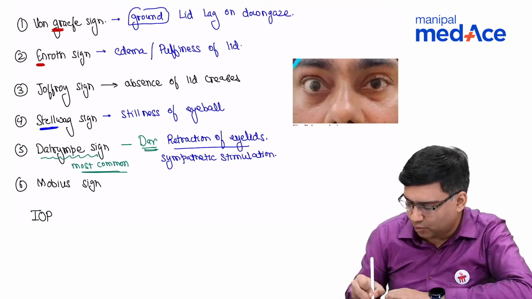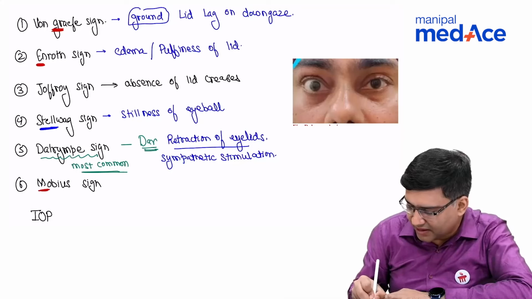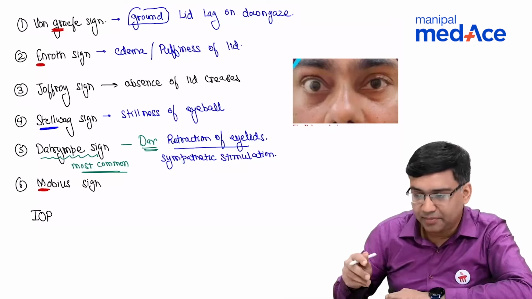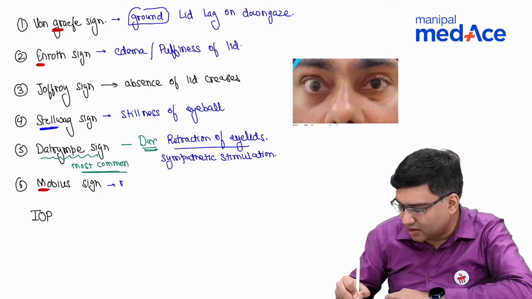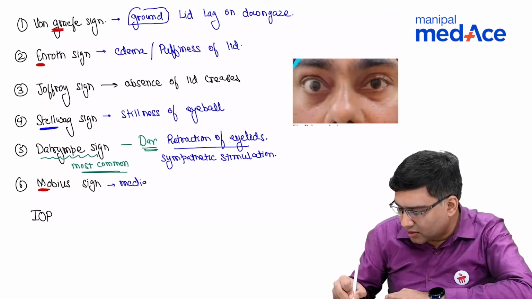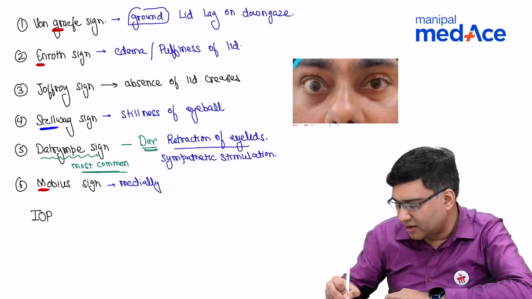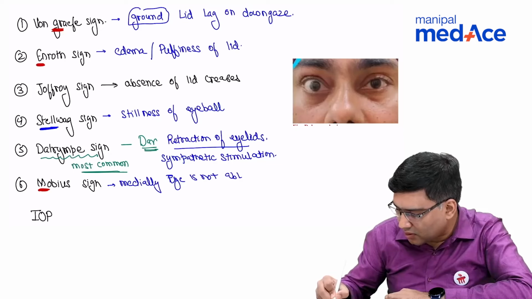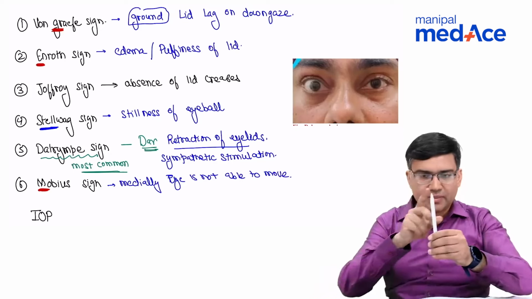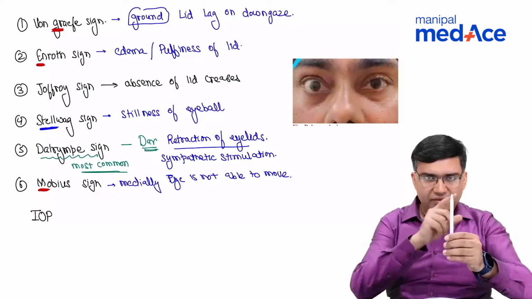Then again we have Mobius sign, you can remember it with M. M means medial. So here what is happening is that medially the eye is not able to move. So what we tell the patient, when the eye moves medially, when we have to converge.